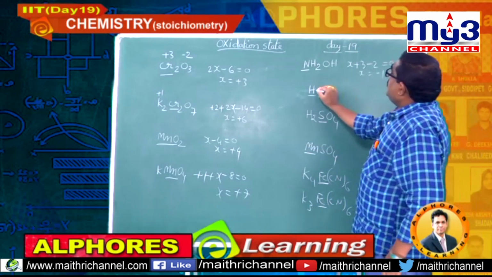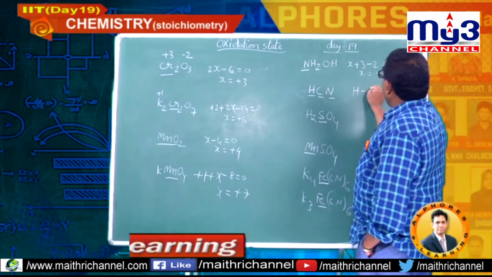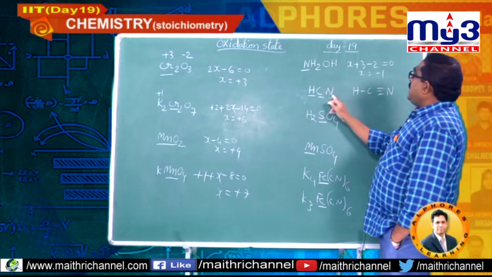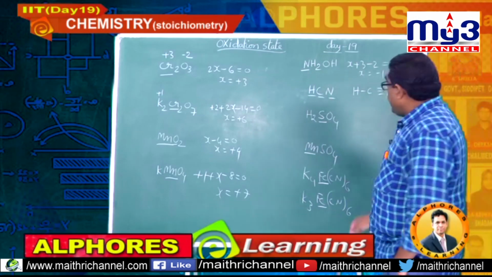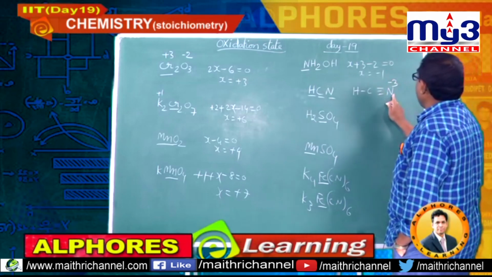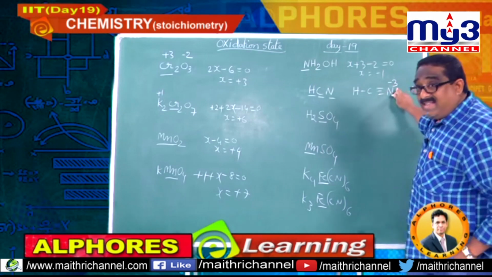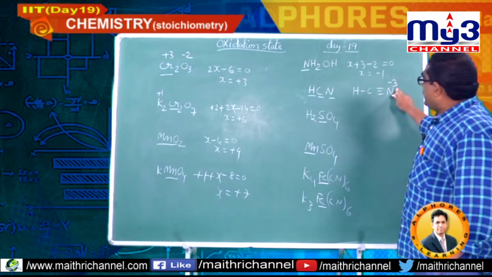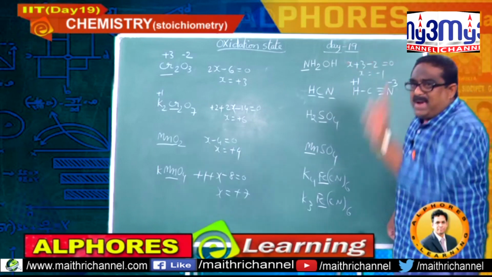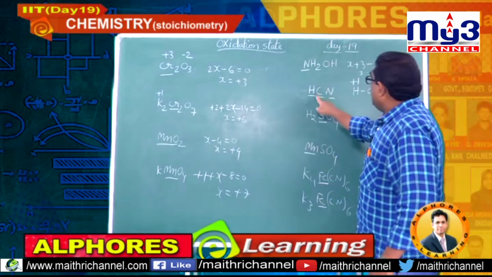Here to assign oxidation states, I am writing the bonding. This is the bonding. Among carbon and nitrogen, nitrogen has more electronegativity, so nitrogen forms 3 bonds and is more electronegative, so you have to write minus 3. For hydrogen, undoubtedly you have to assign plus 1 only, because these two are non-metals and there is no metal in that.